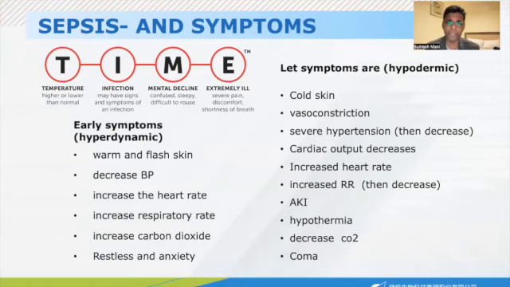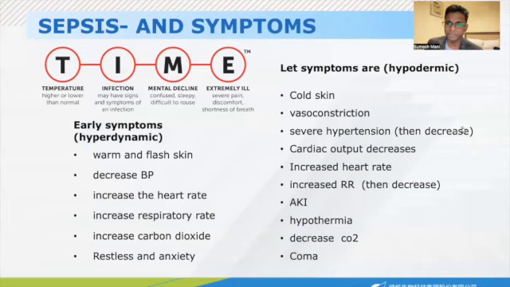So hypodynamic is cold skin, totally opposite to the first stage. Then you get vasoconstriction, the vessels become smaller. Then severe hypertension suddenly, then severe hypotension, cardiac output will decrease, then increased heart rate, then the respiratory rate will increase, then it decreases, then acute kidney injury, hypothermia, decreased carbon dioxide, coma.